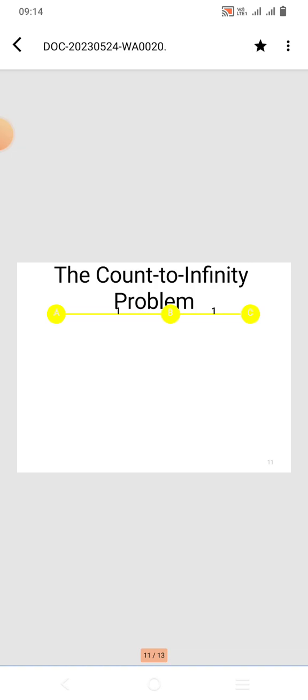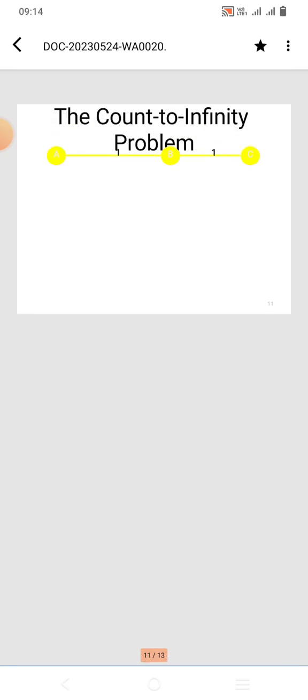The packet will be forwarded to C, and again C does not know that the link has gone down between B and C, so it keeps forwarding the packet. Instead of reaching the destination, the packet keeps going back and forth between the nodes. That is called the count to infinity problem.